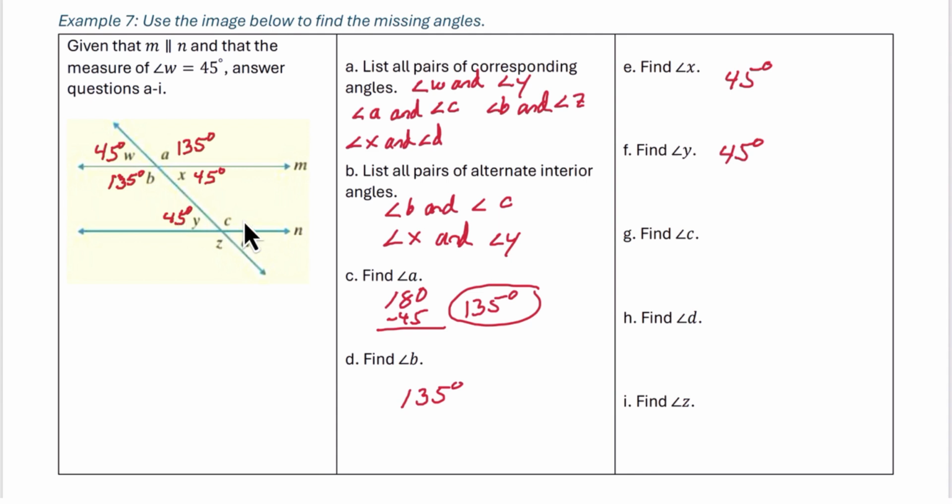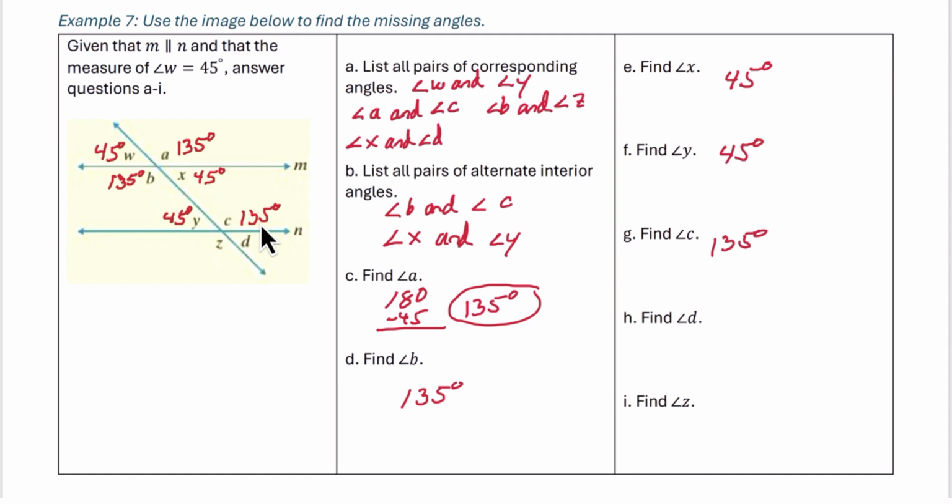C, we can find a couple different ways. We know it's alternate interior with B, so we know it's 135 degrees. We could also use the fact that it's a straight line here. Line N is a straight angle which measures 180 degrees. So these two numbers should add up to 180.